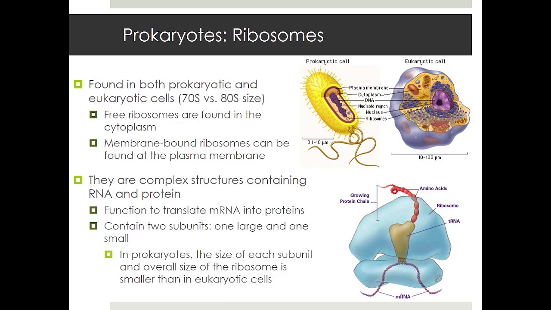Let's talk a little bit about ribosomes. Ribosomes are found in eukaryotes and prokaryotes, but they differ in terms of the size of their subunits. If you've forgotten, ribosomes are important in protein synthesis and are made up of two different subunits, one large and one small. So this is showing the general structure of a ribosome with the large subunit on top here and the small one on the bottom.